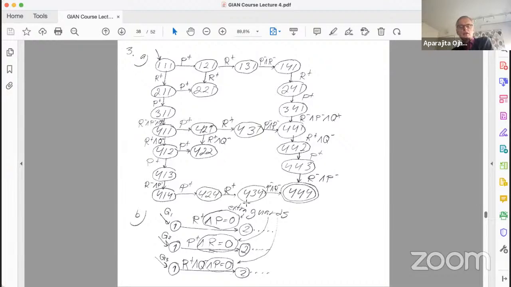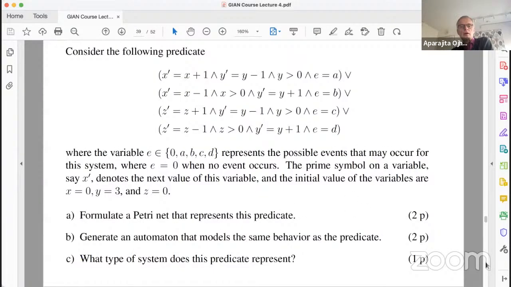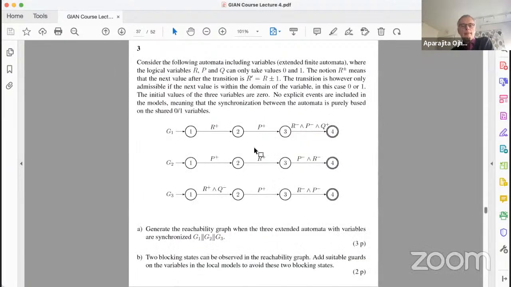So in this case, to be able to make this R plus, you must be sure that the second EFA has not made its P plus, because if that has happened, then an R plus means that they arrive into the 2-2 blocking state or deadlock state.